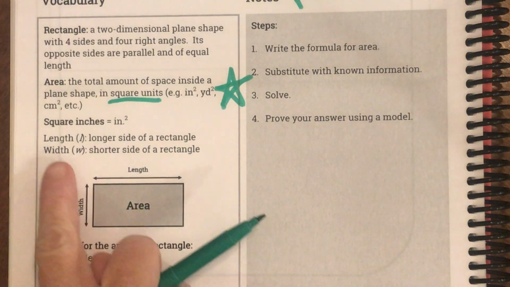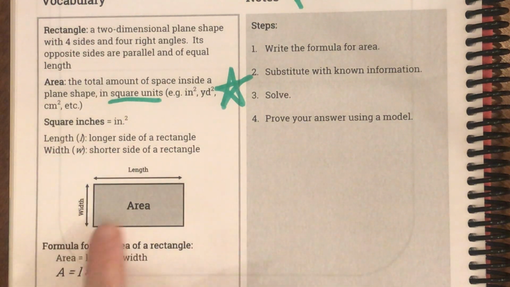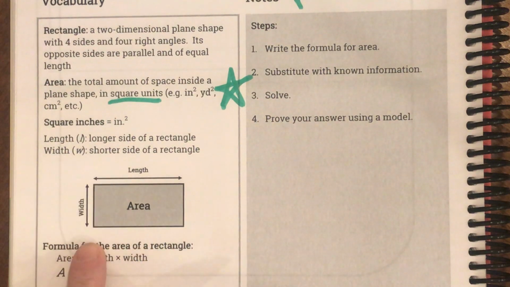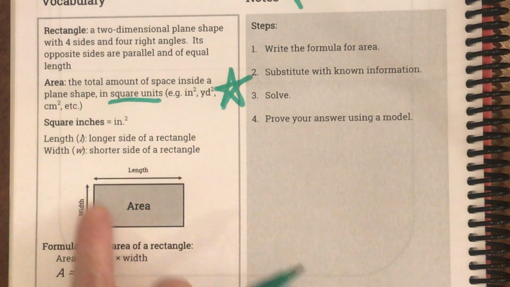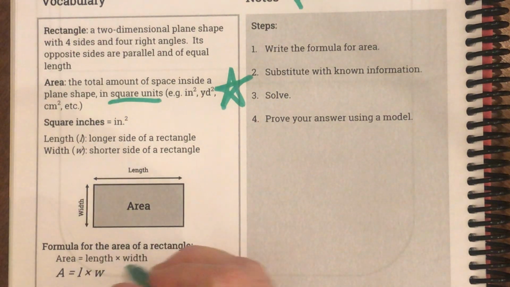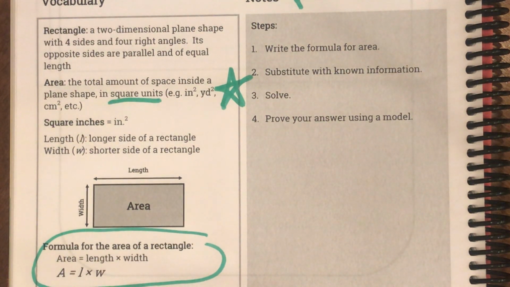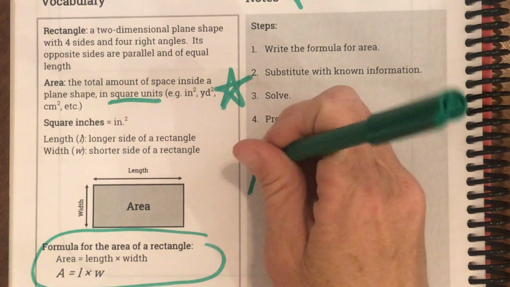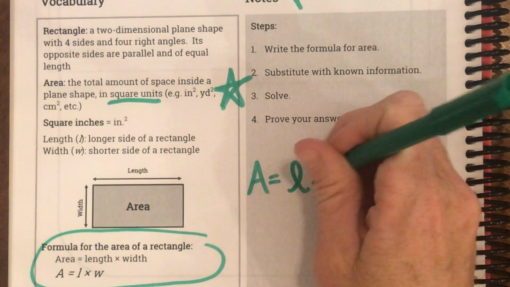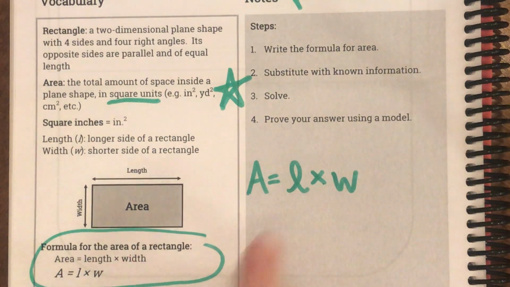And then they give us, reminding us length is the longer side, width is our shorter side, and area is the space in between. And here is our formula. Area equals length times width. And remember, I told you when I see it, it's usually area equals length times width. They usually do the L in cursive, so it doesn't look like a 1.